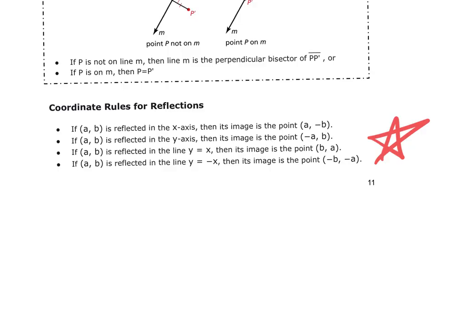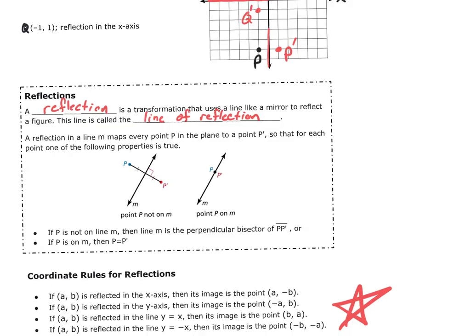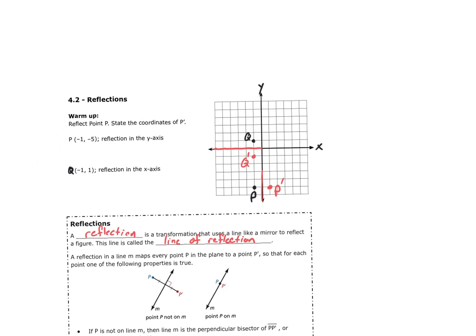If you look up here to the points that we just did, if I identified what Q prime would be and P prime would be, P prime is at over 1 and down 1, 2, 3, 4, 5. So it's at (1, -5).